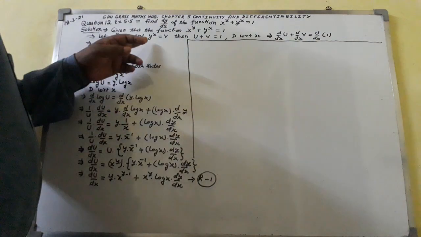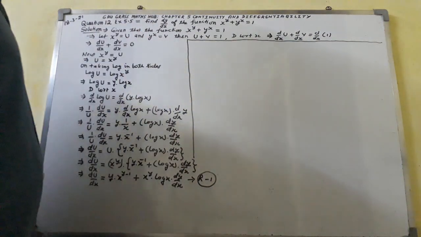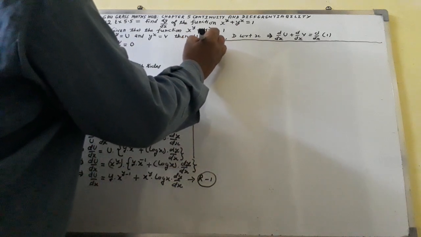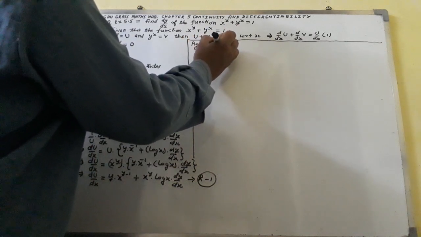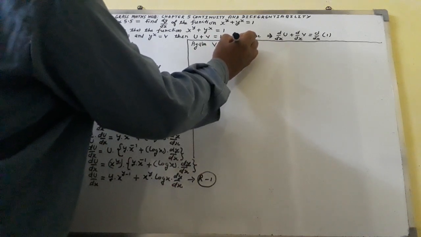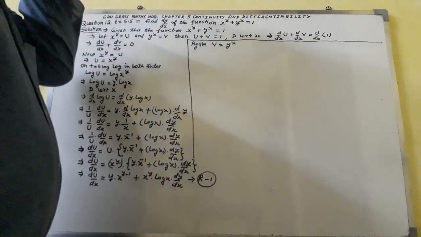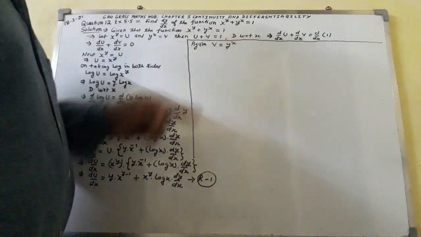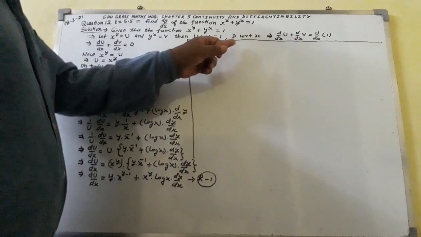Now I shall take the second term. Again I shall write v equal to y raised to the power x. Here you can see y raised to the power x, variable raised to power variable.